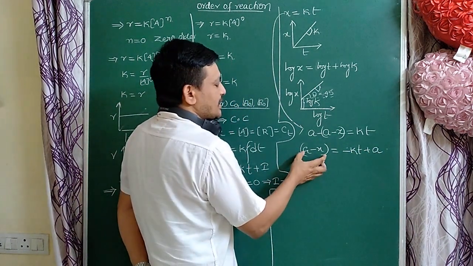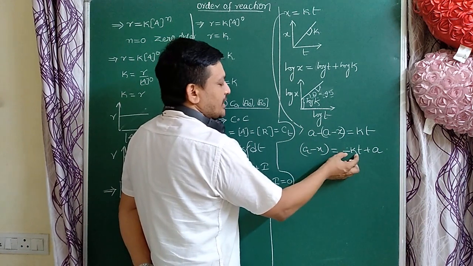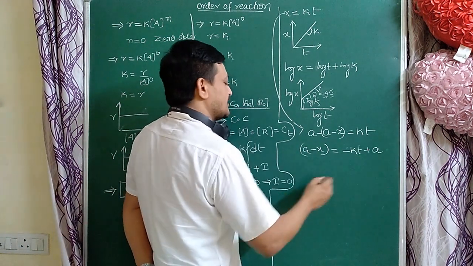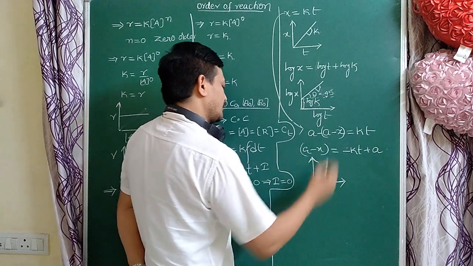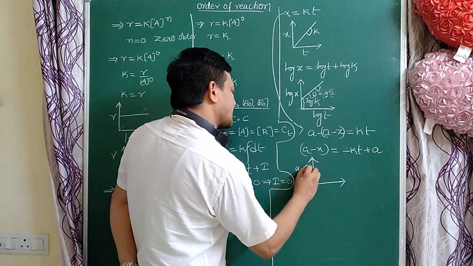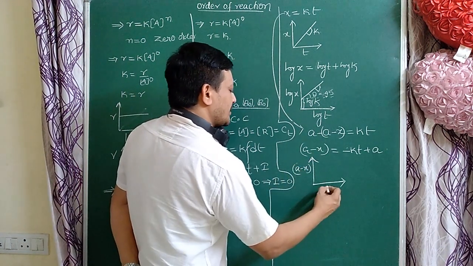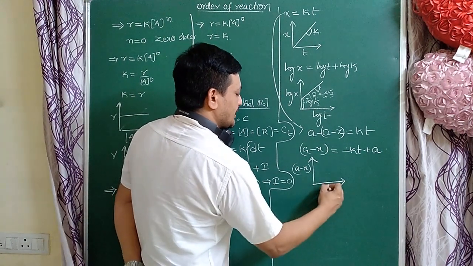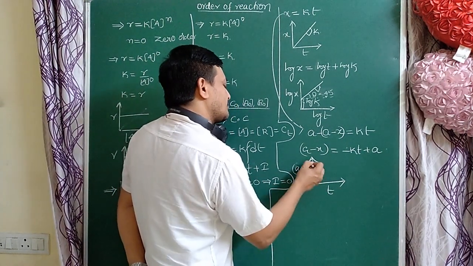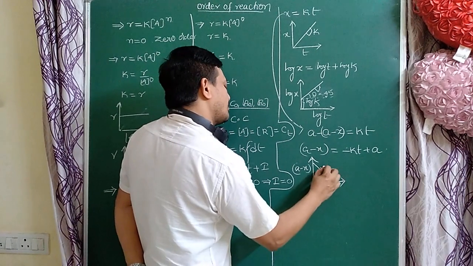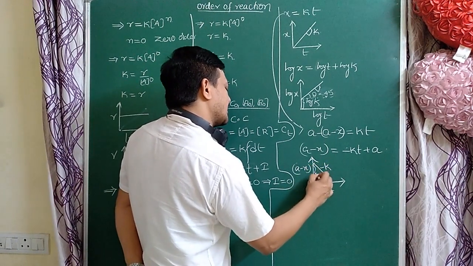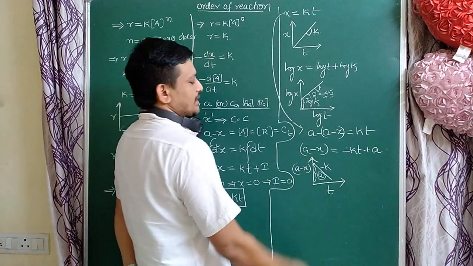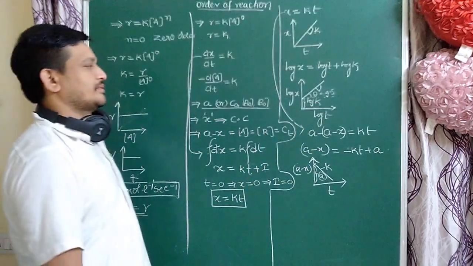The remaining concentration equals minus kt plus the initial concentration. Take the graph of a minus x against t. Here there is a negative slope. What is the slope? Minus k. What is the intercept? The intercept is a. This is very important.